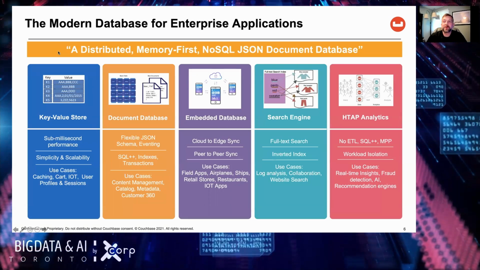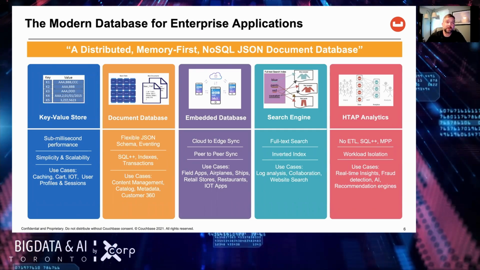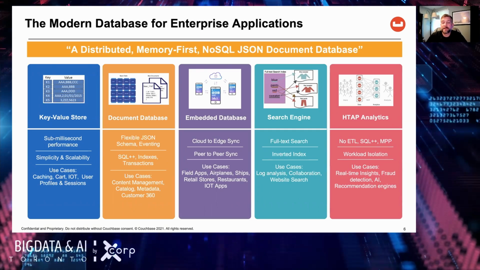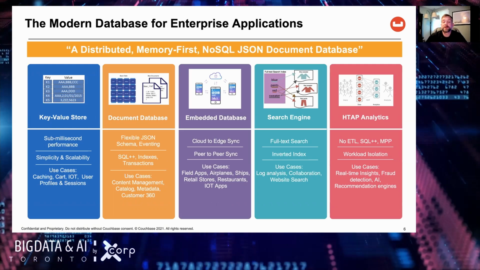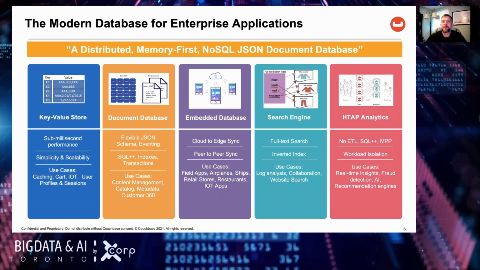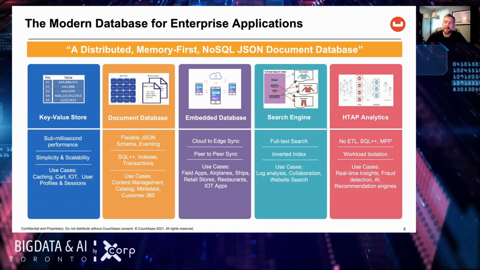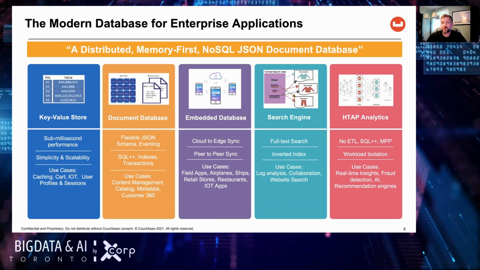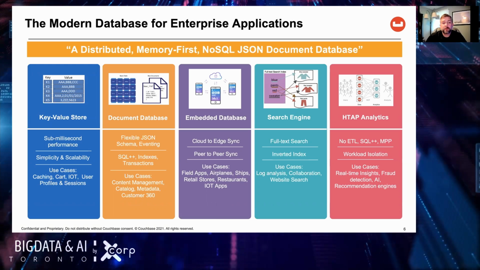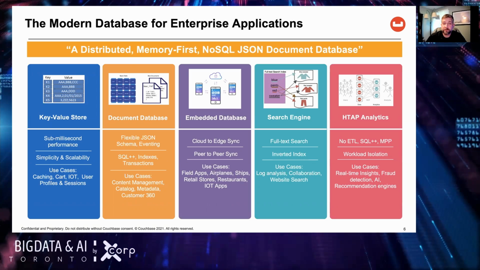So let's talk about the platform a little bit. We like to consider ourselves the modern database for enterprise applications, and actually a database platform. And the reason we call ourselves that is because we just don't give you a typical database. Of course we store items and we send those back to clients, but we do so much more than that as well. We do start with key value store. That's what gives us the incredible performance that we're known for.